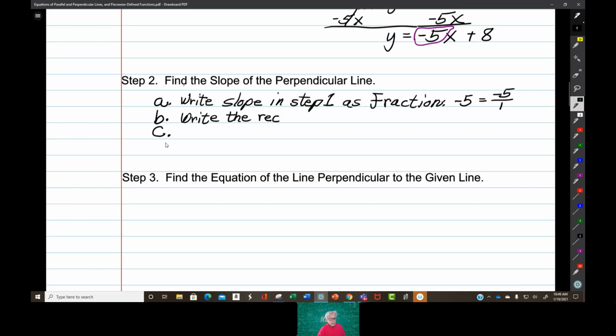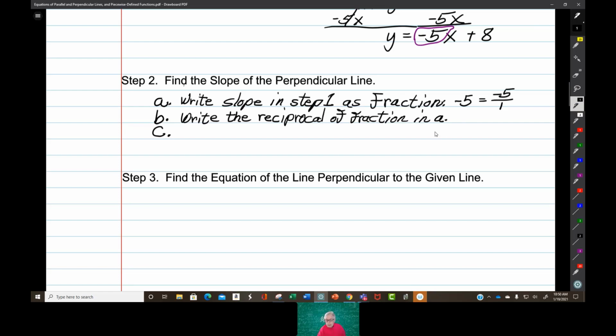There's a step C. Well, the reciprocal is the flip.